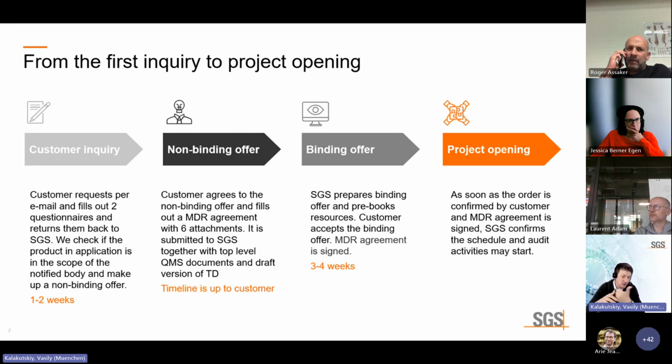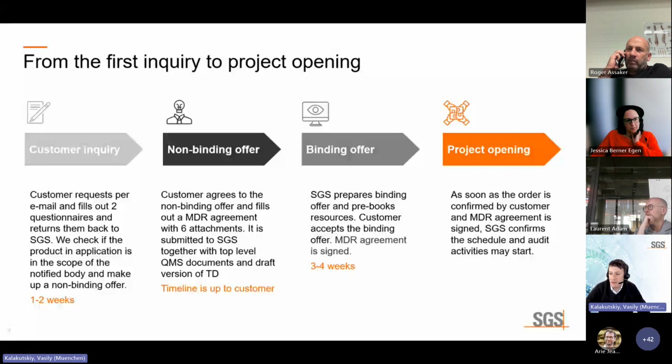One is for the general information about the company, your structure, what you are going to manufacture, etc. And also the technical file matrix, where you list the products that you would like to certify with us. Yeah? Based on the data from these questionnaires, we check if your product is in our scope, because, for example, we cannot do class 3 devices. We are not notified for them.